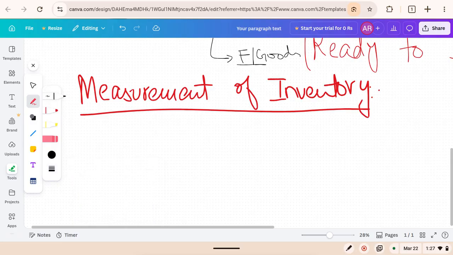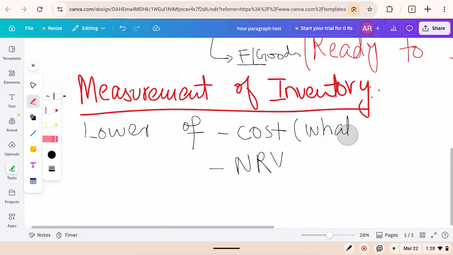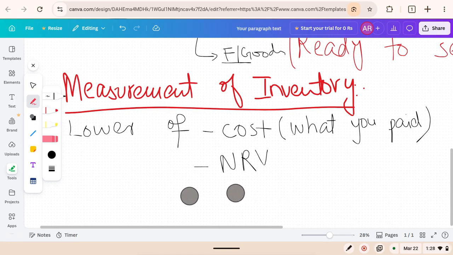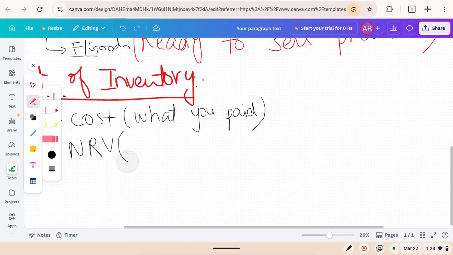Cost is, in simple words, what you paid to the shopkeeper. And NRV means net realizable value.